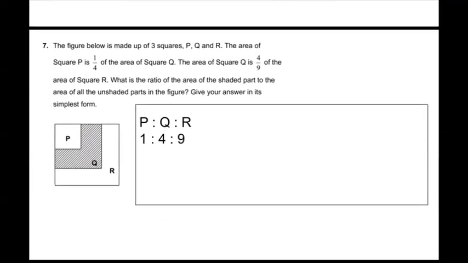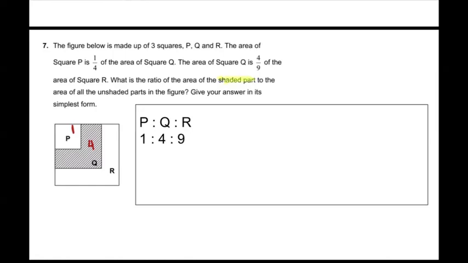Okay, so this one is quite straightforward. Now, what you need to do is to find out what is the area of the shaded part. Okay, so since this is 4, this is 1, the shaded part would be 4 minus 1, which equals 3. So shaded part would be 4 is to 1 is to 3. And then that is quite straightforward.